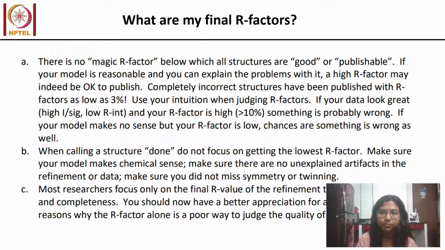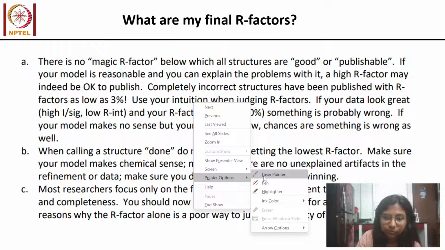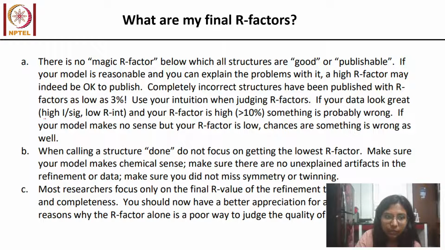If your data has high signal to noise ratio, that is high I/σ, and low Rint, where Rint means the R internal, and your R factor is still high, like greater than 10%, then something is probably wrong. If your model makes no sense but your R factor is low, then it also means that there is something wrong with the structure.